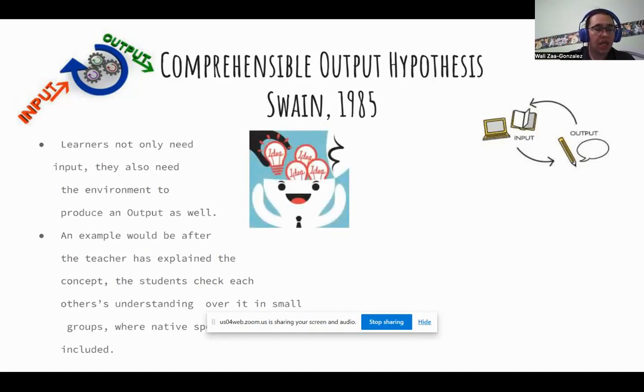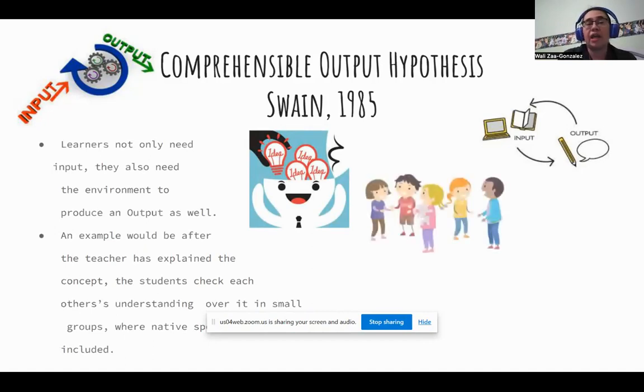They need to produce what is called pushed output, because comprehension can happen in any way, through context clues and all that kind of thing. They need to really get engaged. An example of that is when a teacher explains a concept and the students check each other's understanding of it in a small group where native speakers are included.